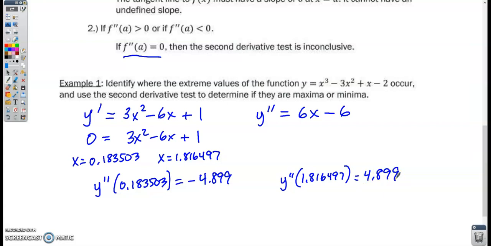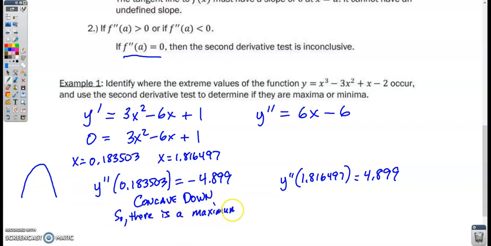Okay, so here the curve is concave down because the second derivative is negative. Knowing that it's concave down means that it's going to look like this. And therefore there is a maximum by the second derivative test, because y double prime is negative, so y double prime of x is less than 0.